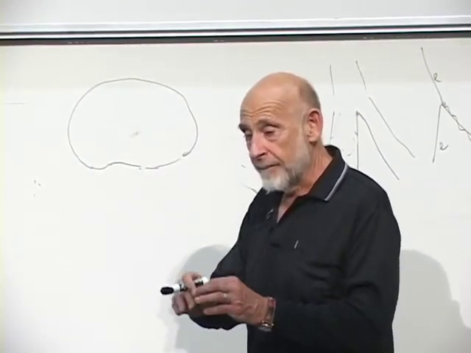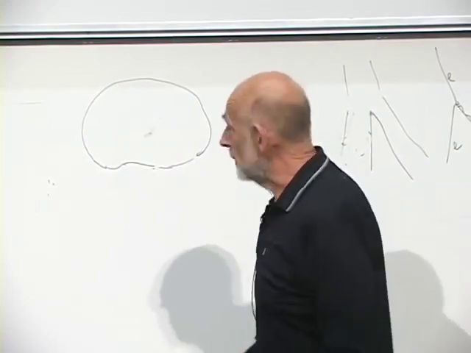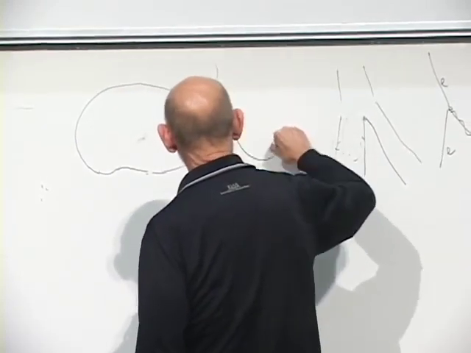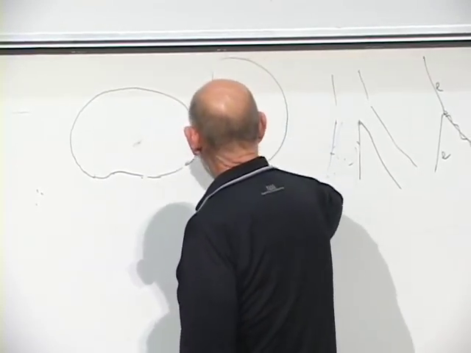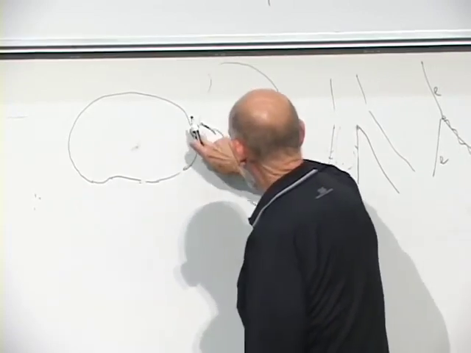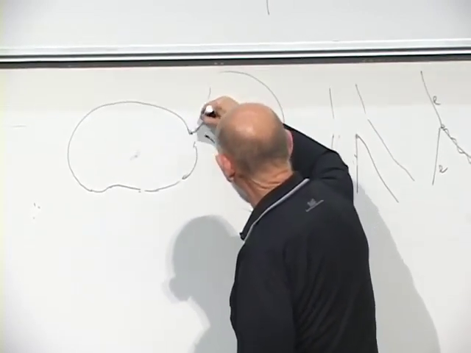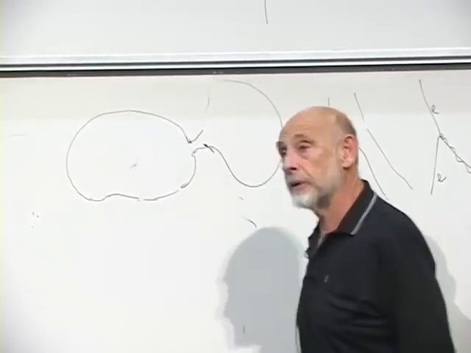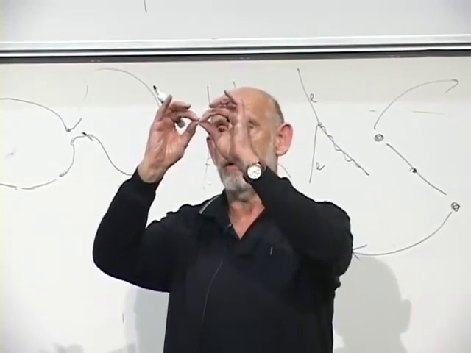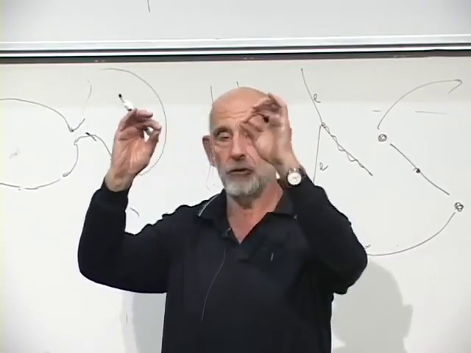If they don't interact by splitting and then touching other strings, the way they interact is different. Here's two closed strings, and they come together and then fuse to form another closed string. At no point did they ever form open strings. They came together like this, touched, and formed another closed string.